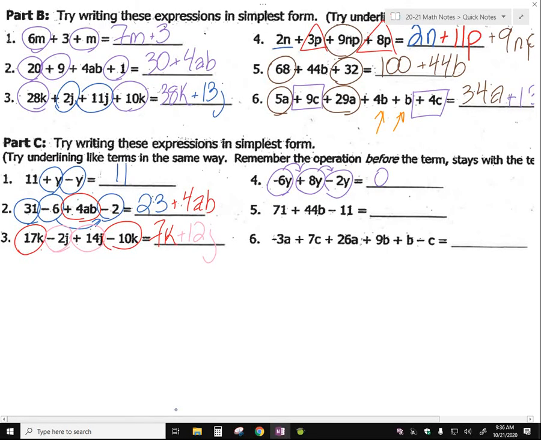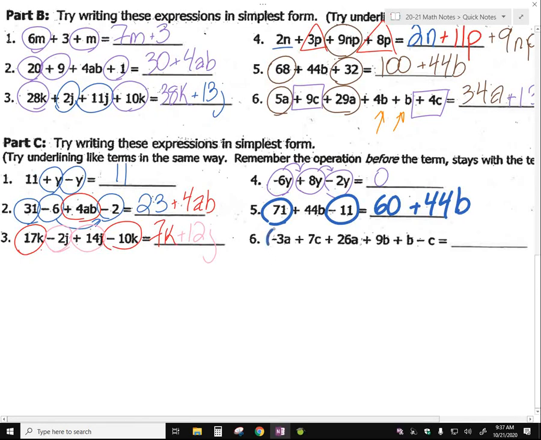Number 5, 71 is a like term with the minus 11, because those are just numbers. So 71 minus 11 is 60, and then we have 44 babies that were born this month. You wouldn't have BB, because that would be B squared.